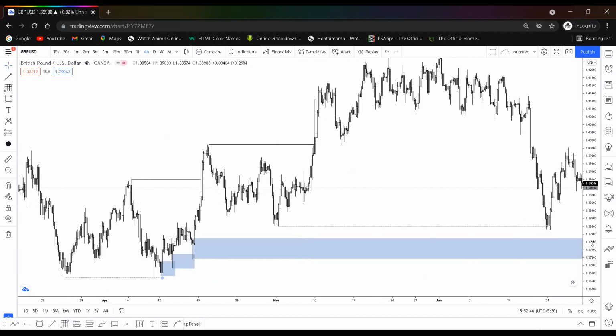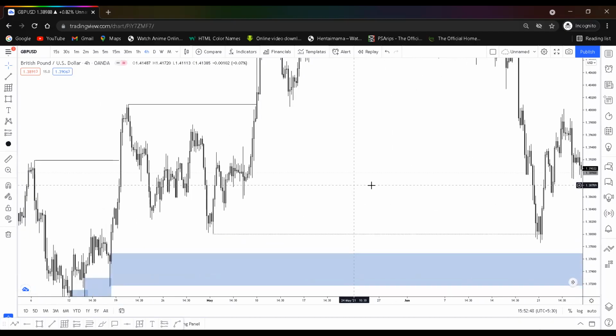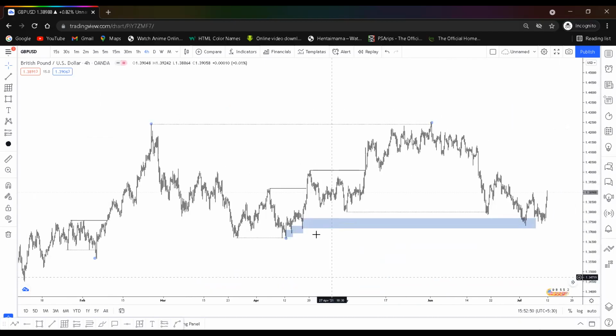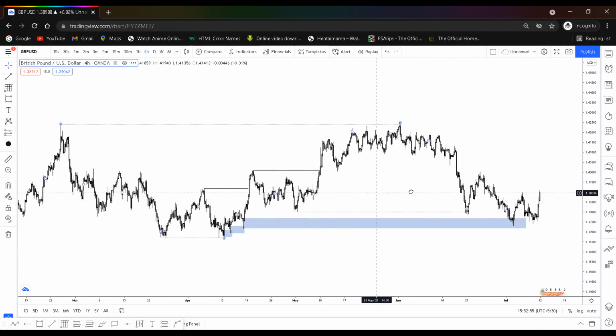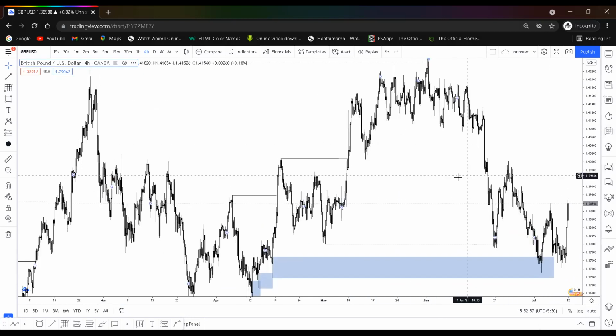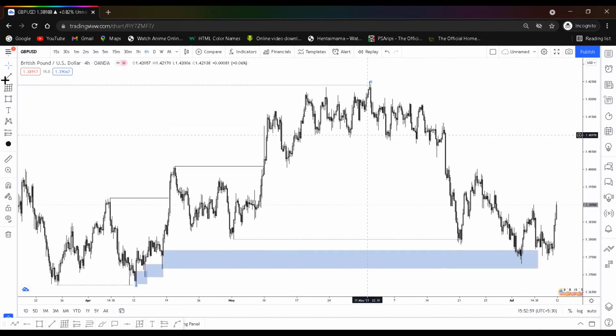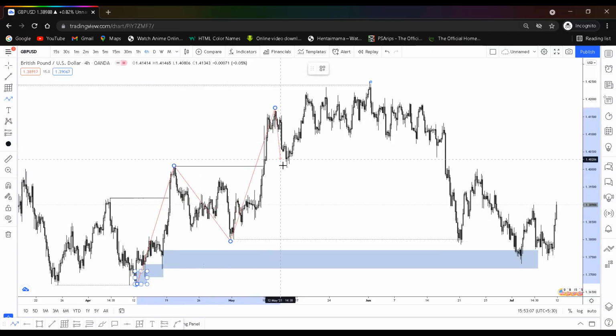The reason for a pullback is, on the weekly, from this low to this high was our range. Now on the daily or the 4-hour, you see how price went up, higher highs, higher lows, higher highs, higher lows, took out the external range liquidity, and then broke structure right here.